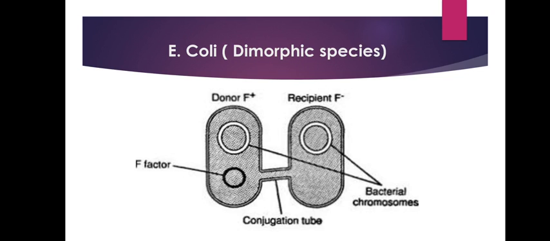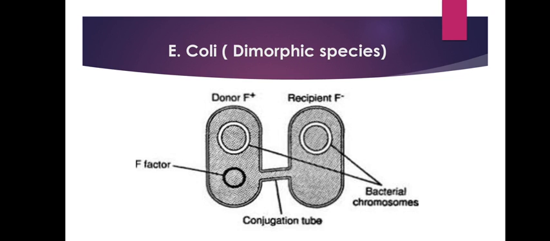Among those plasmids, F plasmid is called fertility factor, and the bacterial cells that contain F plasmid are known as F positive cells, and the cells which don't contain F plasmid are called F negative or recipient cells.